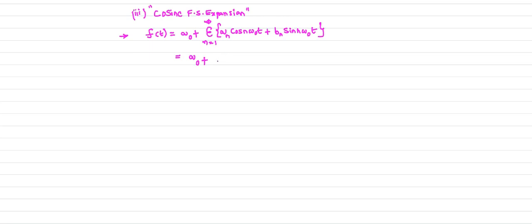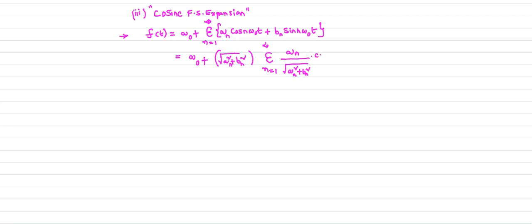I multiply the whole equation by the square root of an square plus bn square and divide by it, so that the result is the same. Now I will write sigma n equal to 1 to infinity. I just multiply and divide by the same factor, so that the result remains the same: square root of an square plus bn square.